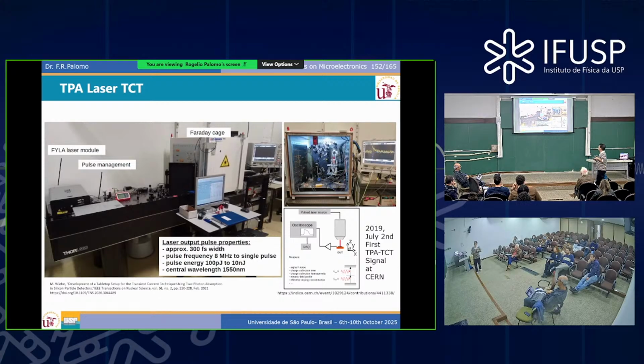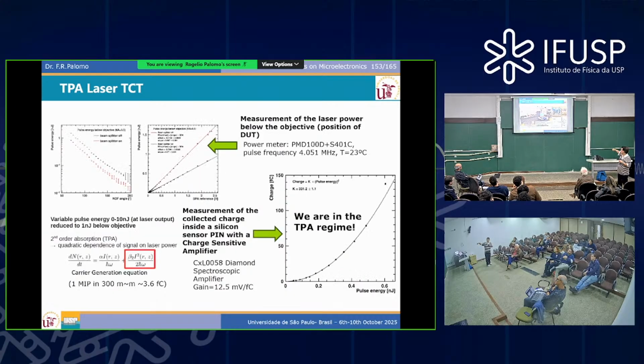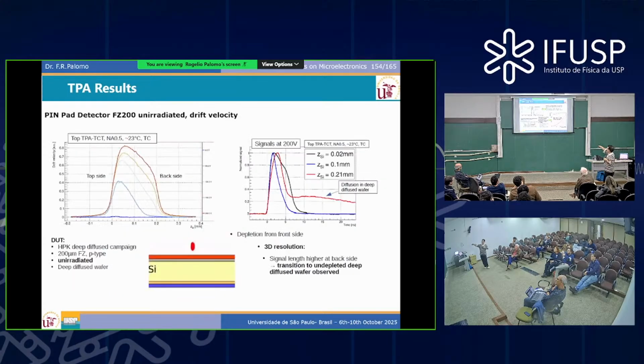Oh, sorry. The laser, okay, the anechoic chamber to avoid electromagnetic interference in the detector. We were in the TPA regime, hurrah. Results in different diodes and for testing and calibrating the tool.